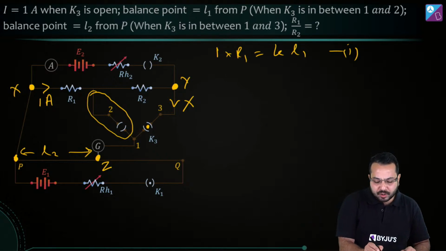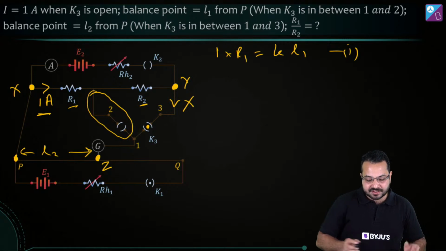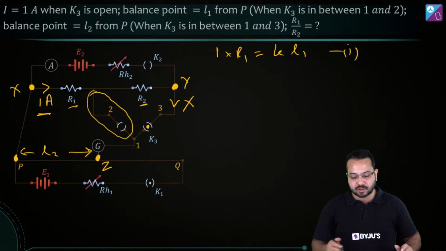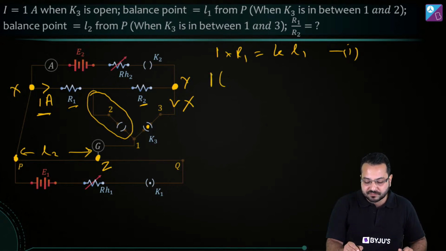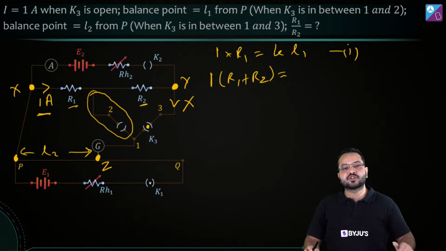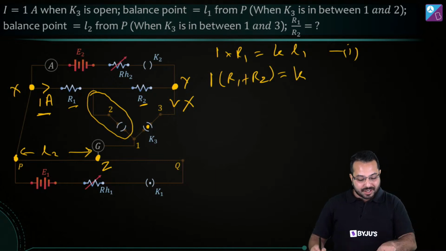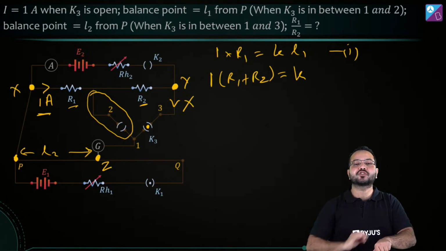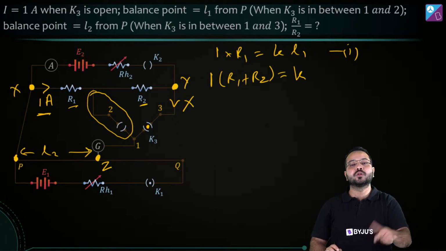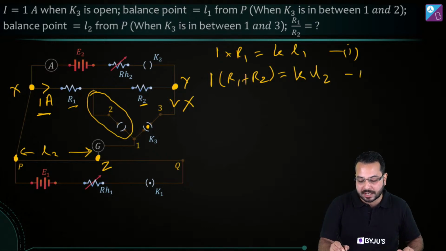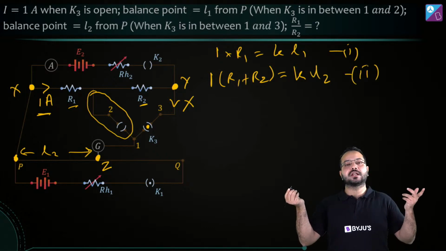Okay. Now do we need to do all that again? No. What is the potential drop? This is 1 ampere and this resistance R1 and this resistance R2 are in series. So what is the total potential drop? The potential drop is 1 into R1 plus R2. And this potential drop is equal to K multiplied by, for unit length the potential drop is K, for length L2 the potential drop is going to be K into L2, and that is going to be my second equation.